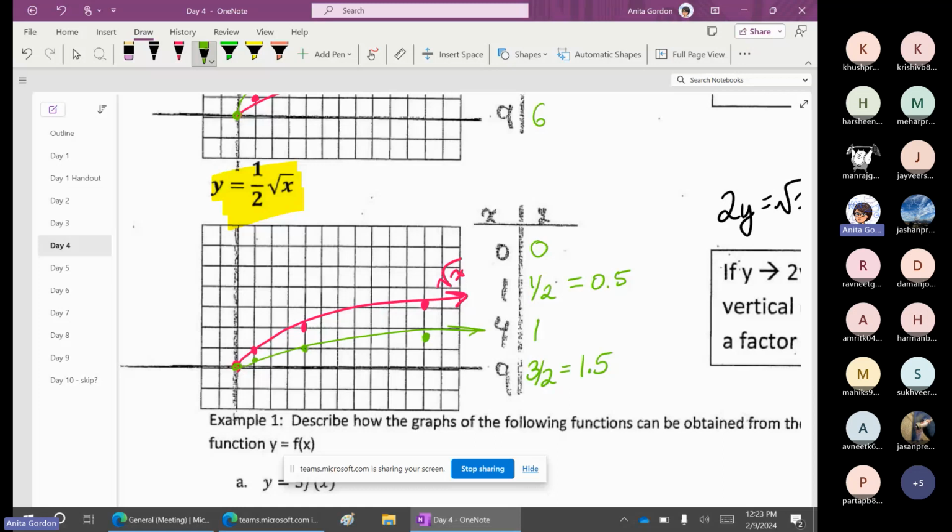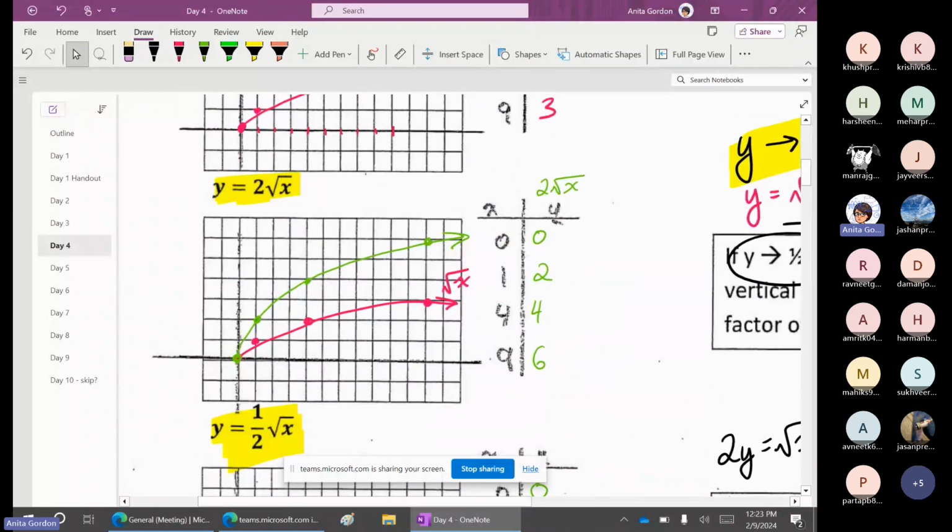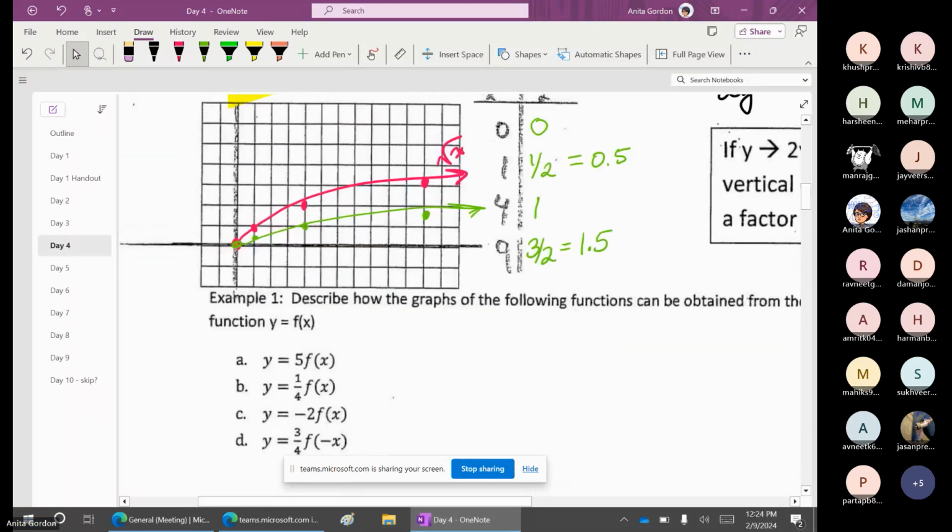We're just estimating. Okay, so my x values do not change when I put a coefficient in front of our function. The coefficient in front of the function tells us what we're doing. If it's a small fraction, you are dividing by your denominator. If it's a whole number like we had up here, you are then multiplying your function by that.